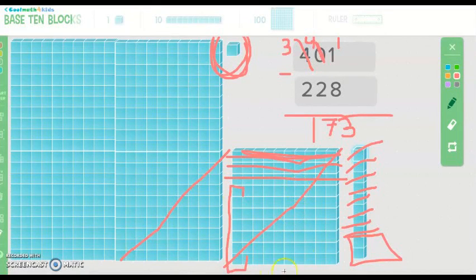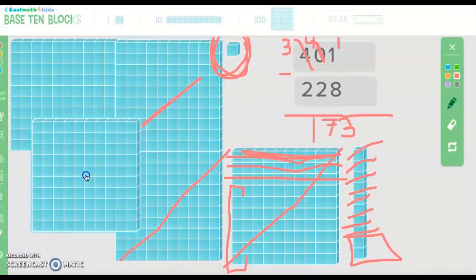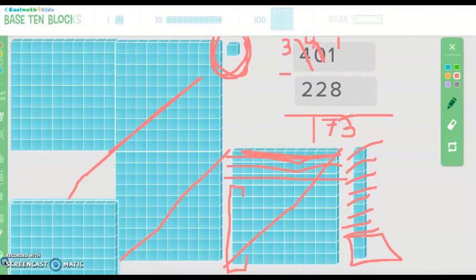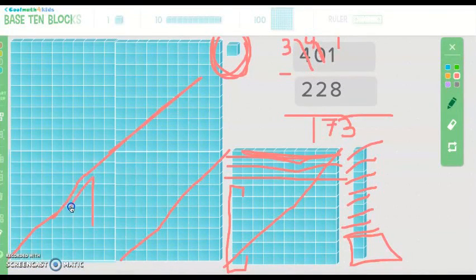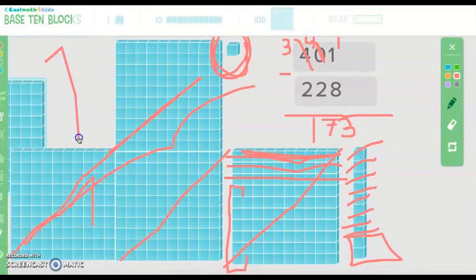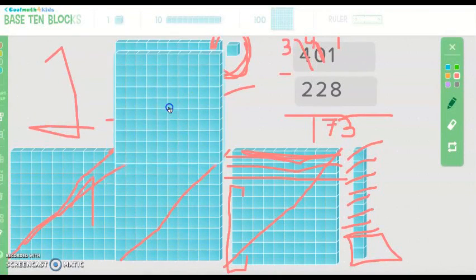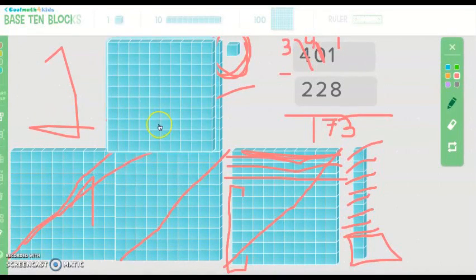And for the 300s, you're just going to cross out all of that. That didn't work out very well, but you know what I'm saying. There we go. So now you are left with this 100 right here. That is a 1. Then you are left with the 7 tens here and the 3 ones. And that is how you get the answer of 173.